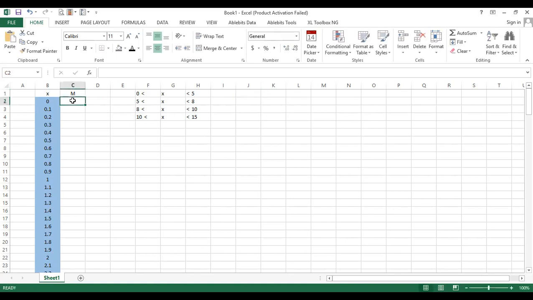So between, what I'm going to do is minus 10.9 into x plus x to the power 3 divided by 6. That's my bending moment. Can you see?